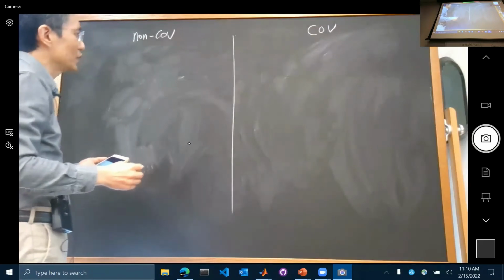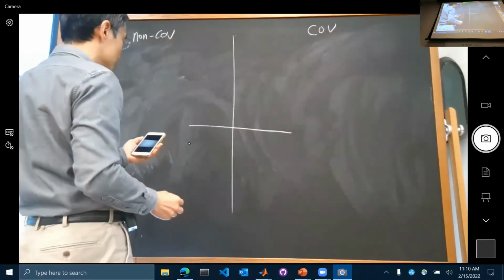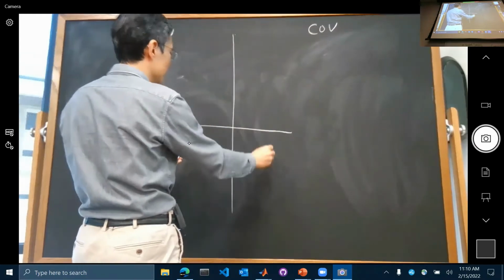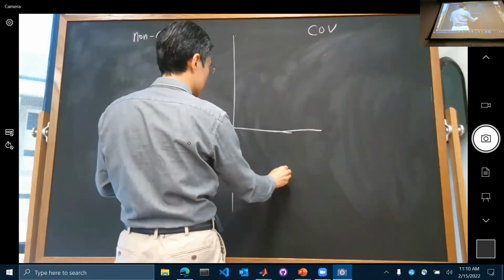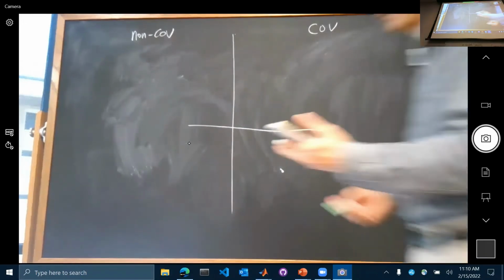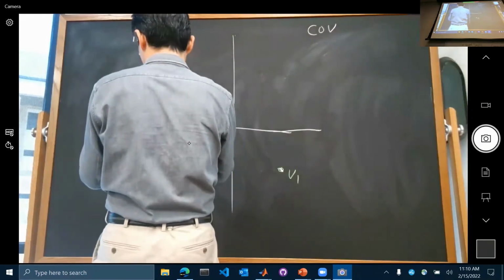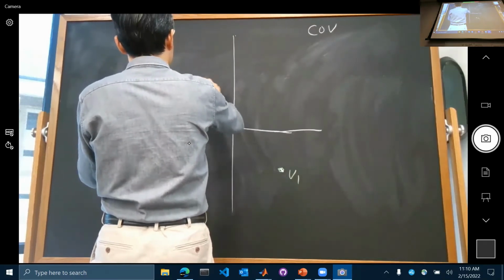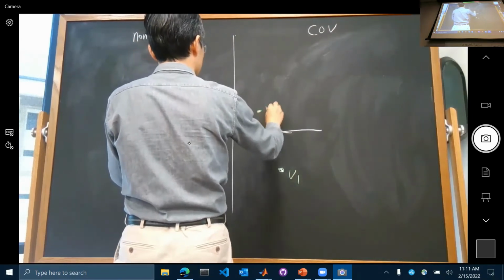So the system I'm going to use, I just use this as an example, and that's my x, y. I have 3 data points, V1 somewhere here, V2, and V3.